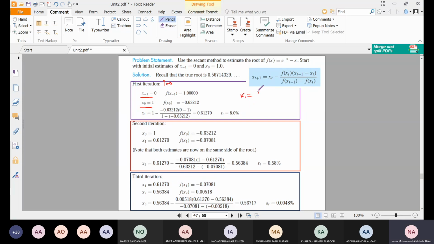This will equal x0 minus f at x0. I know the value of x0, I just write it here.